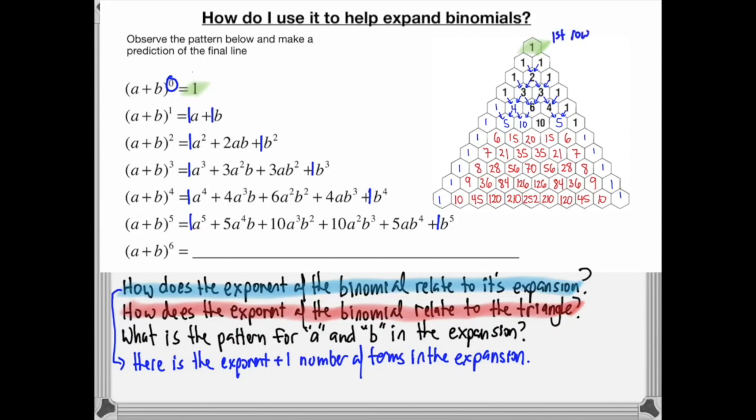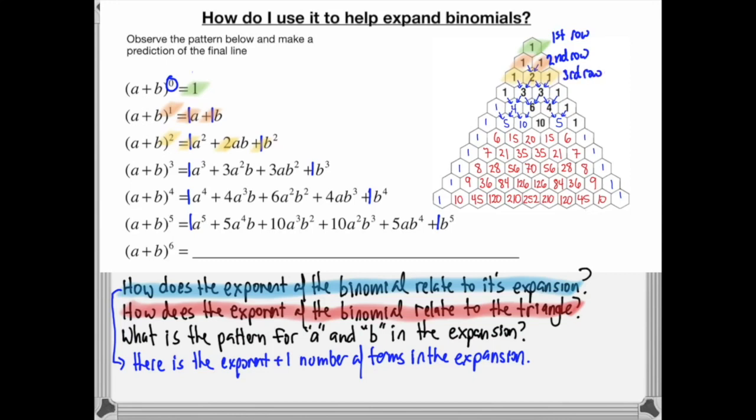Likewise, this has 1 and 1 right here, and this is of course the second row. Going forward, if I have this 2 right here, and I have 1, 2, 1, that's going to be the third row.